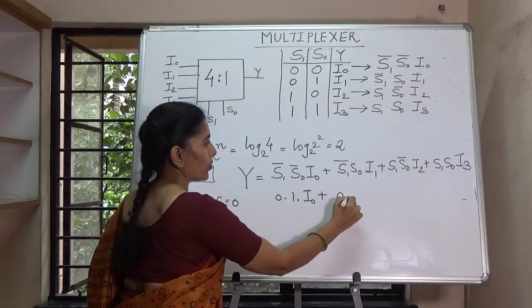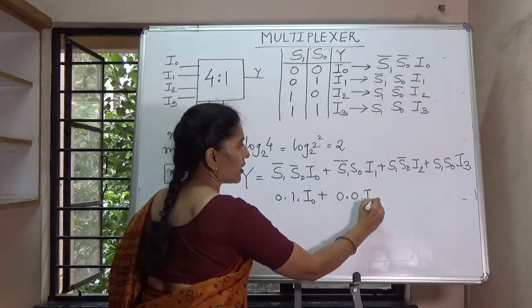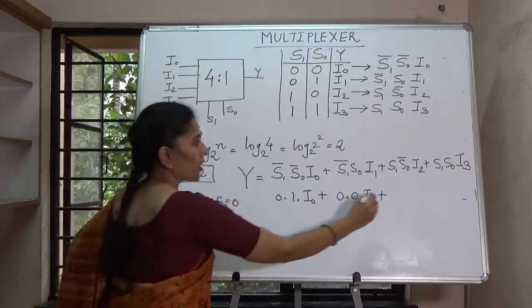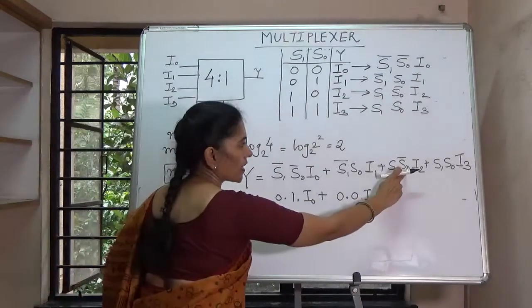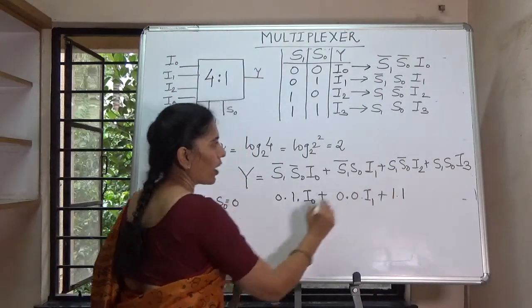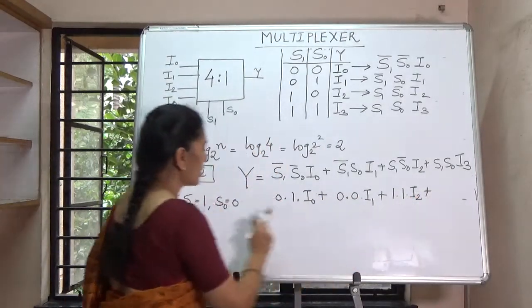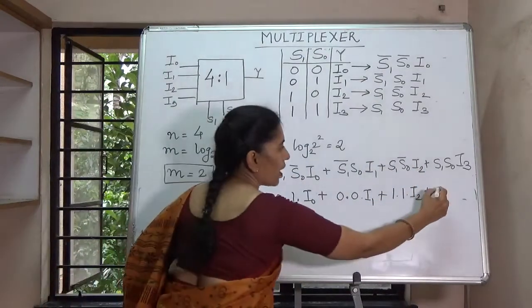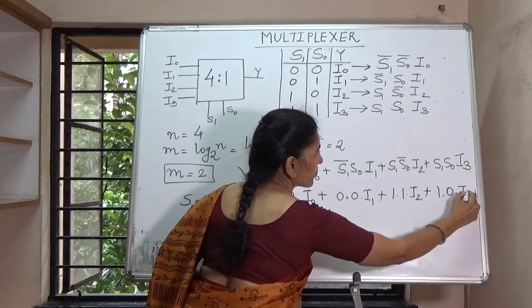So this is a 0 dot S0 is already a 0, so 0 dot I1 plus in the third S1 as it is, so it is 1 dot S0 is 0, but here it is S0 bar, so it is 1 dot 1 dot I2 plus the last is S1 S0, so S1 is 1 and S0 is a 0 dot I3.